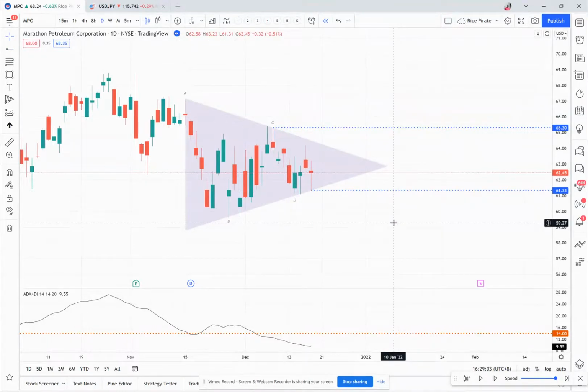So that's kind of where my contingent orders would be on this particular one. But we're not very close to that apex. So I might think about having these on here at this point.